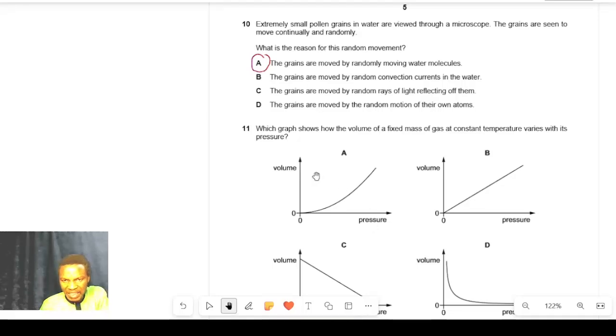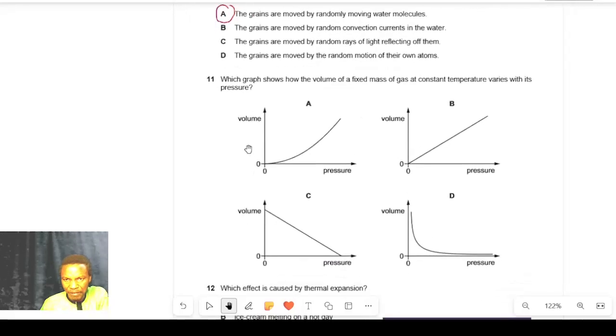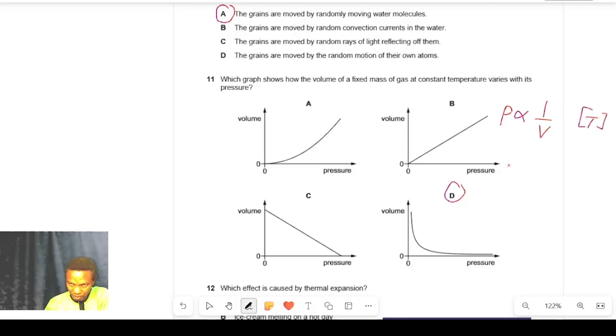So question 11, which graph shows how the volume of a fixed mass of gas at constant temperature varies with its pressure? The correct answer is D, because the pressure of a fixed mass of gas is inversely proportional to the volume at constant temperature, which is the condition given to us.